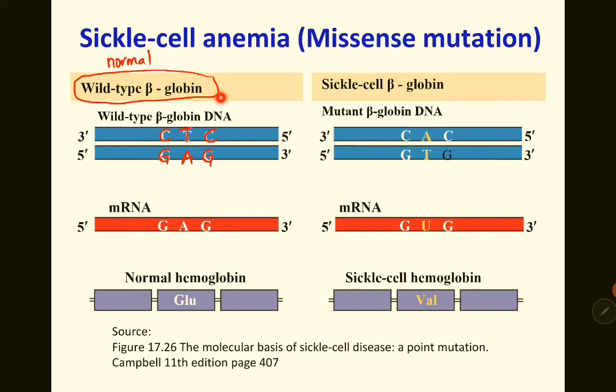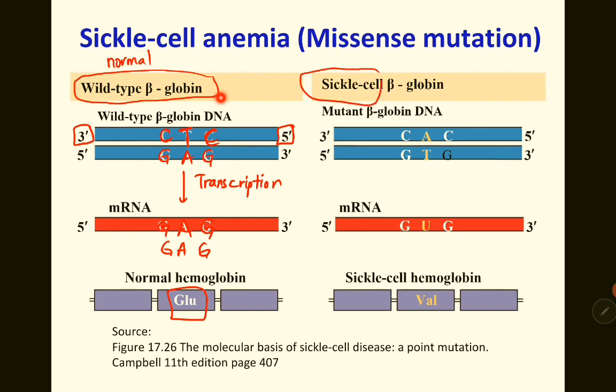We refer to the 3' to 5' as our template during transcription. After transcription, it becomes C to G, T to A, C to G. Now GAG will be coded for glutamic acid. This is for normal hemoglobin.